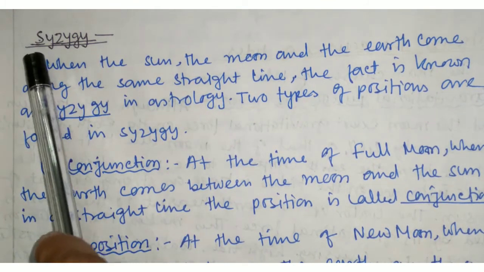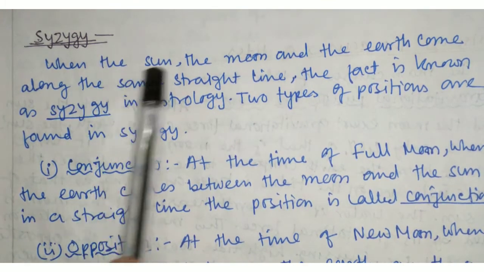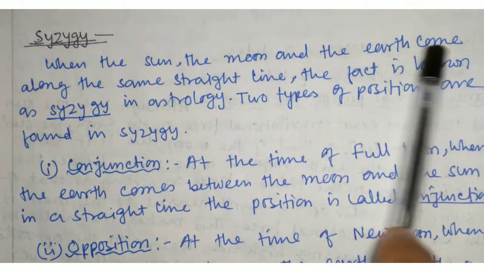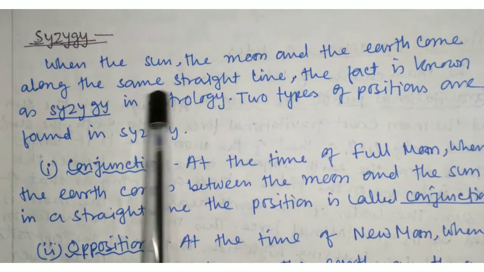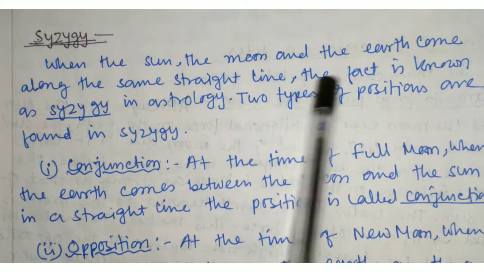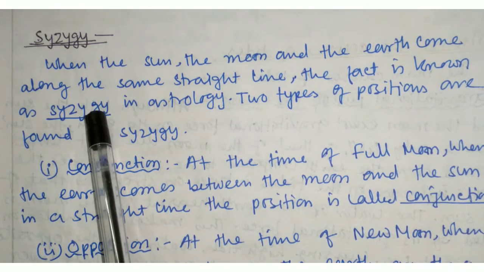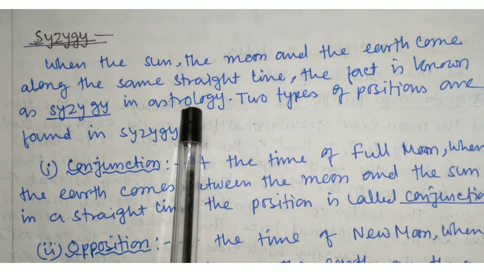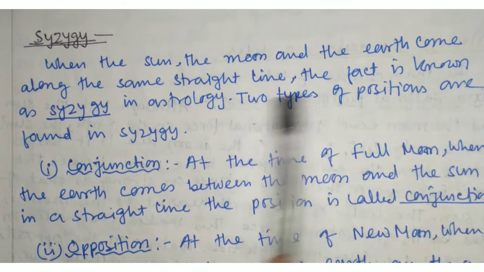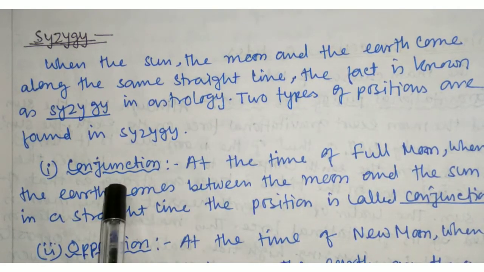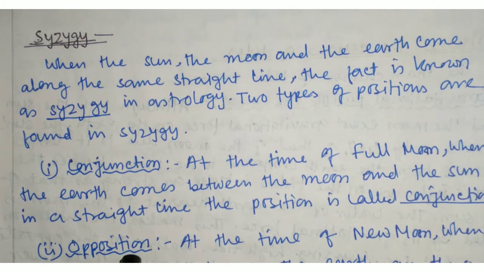What is syzygy? When the sun, the moon and the earth come along the same straight line, the fact is known as syzygy. And in astronomy, two types of position are found in syzygy: conjunction and opposition.